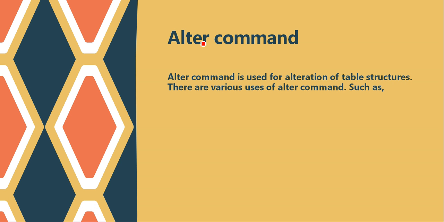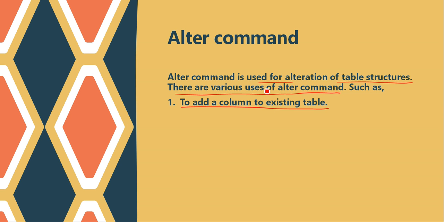Now let's talk about the alter command. What does this alter command do? Alter command is used for alteration of table structure. There are various uses of the alter command, such as to add a column to the existing table. Alter means basically to change the structure of something.